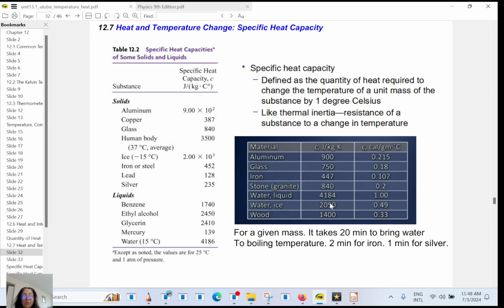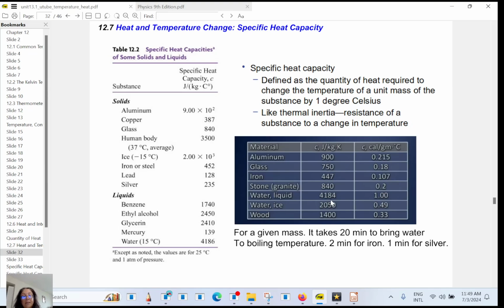So 4,000 joules is about 1,000 calories, or one kilocalorie, or 1 food calorie. So 4,000 joules is 1,000 lowercase calories.